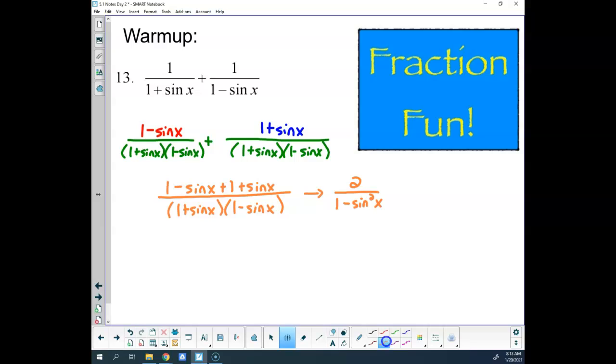Then what? Or are we done? So what? Cosine squared of x, is that what you're going to say, Hopper? Love it. Are we done? Or can we go even further?